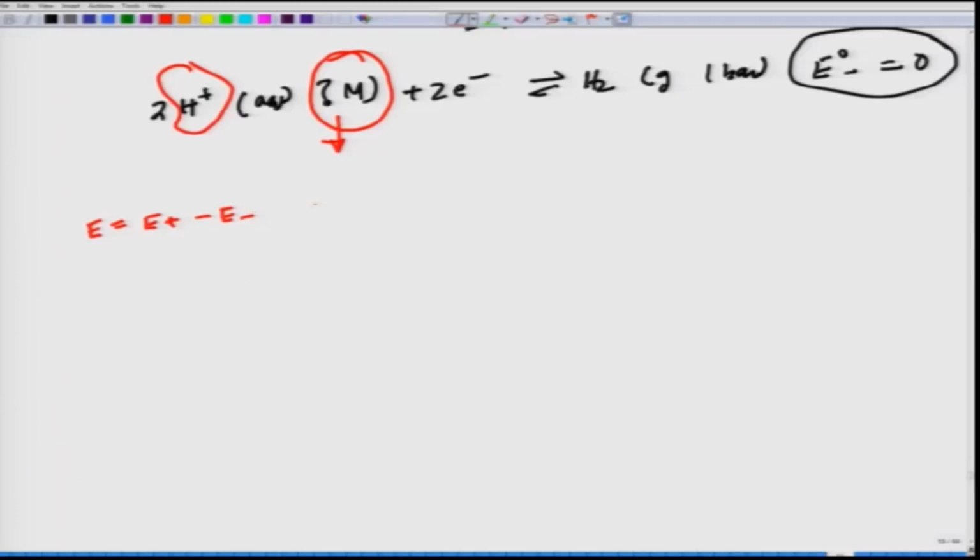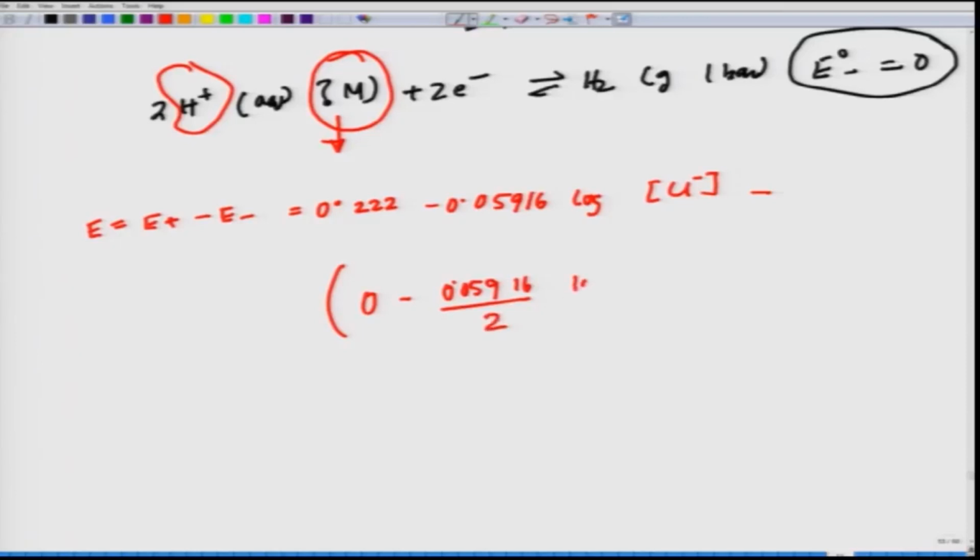Then it is 0.222, which is on the silver chloride side, minus 0.05916 log of Cl minus, minus, here it is 0, minus 0.05916 divided by 2 log of H plus.